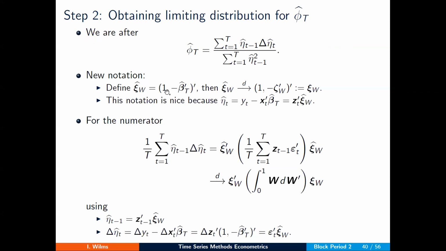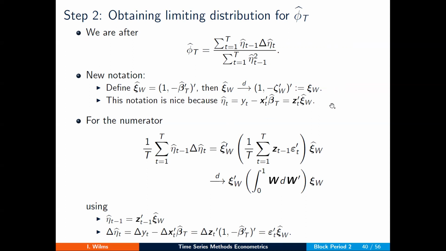The residuals are a function of my estimator beta hat, so it's only natural that that guy's limiting distribution will pop up. So let's introduce this new vector psi w, whose limiting distribution has, of course, the limiting distribution of beta hat that we derived on the previous slides.